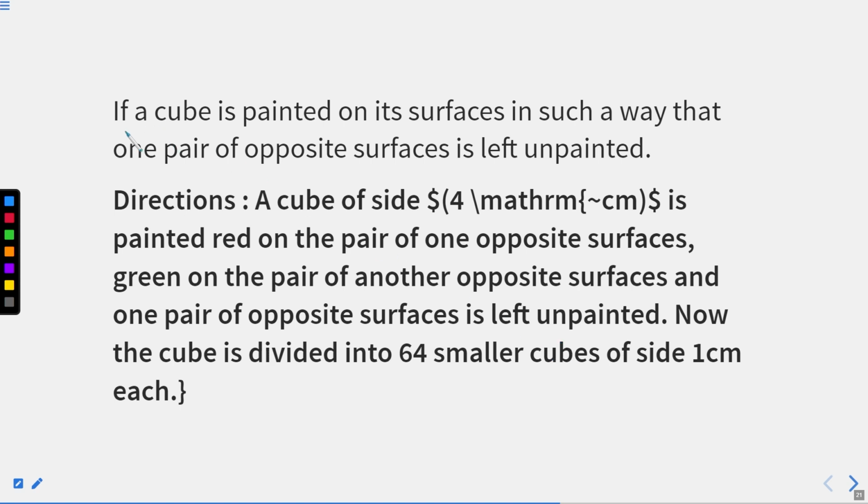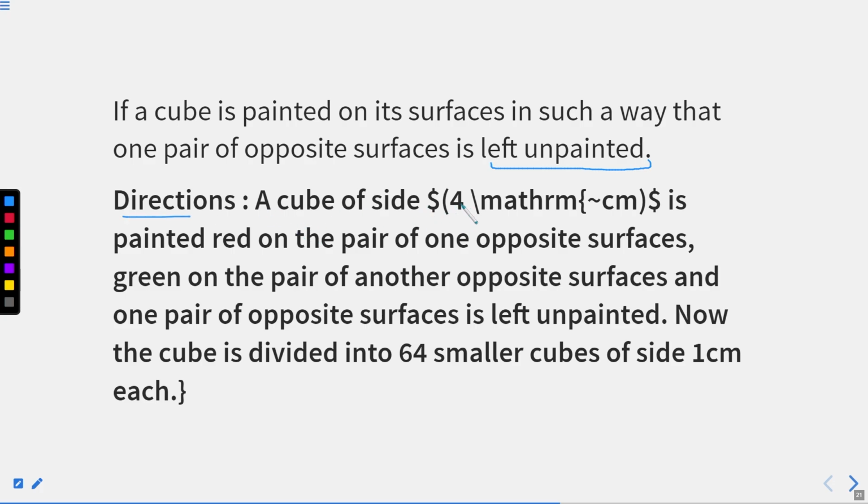Here, if a cube is painted on its surface in such a way that one pair of opposite surfaces is left unpainted. Again, if a cube is painted on its surface in such a way that one pair of opposite sides remains unpainted. So the direction is right.